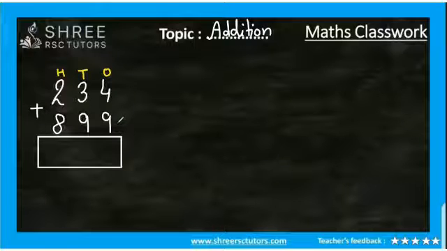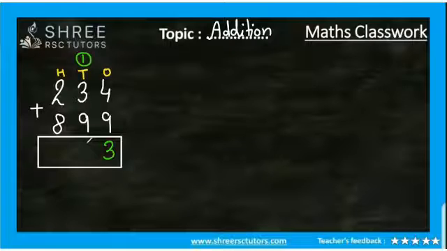4 plus 9 is how much? 4 plus 9 is 13. So from the 13, we will write 3 over here and 1 will be our carry. Now 1 plus 3 is 4, because we need to add the carry as well. 4 plus 9 is 13 again.